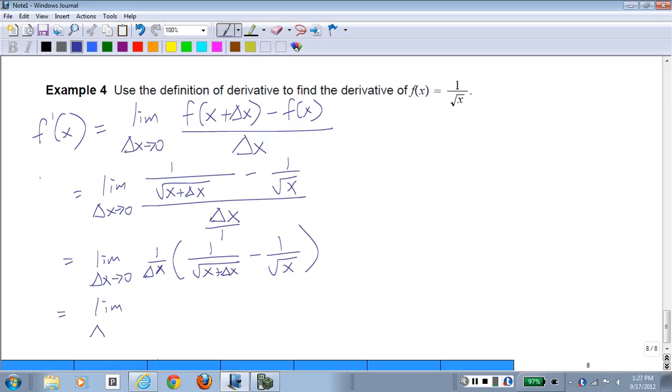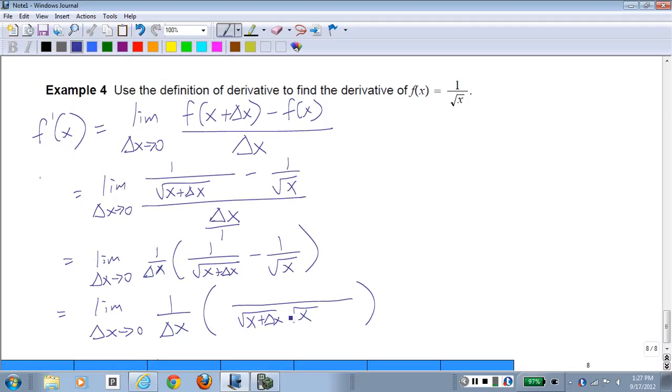The limit as delta x approaches 0 of 1 over delta x times, okay, our common denominator is the product of the denominators, since they ostensibly do not have any factors in common. So just multiply the denominators together. We ask ourselves, this denominator, square root of x plus delta x, can be multiplied by what to equal the LCD?